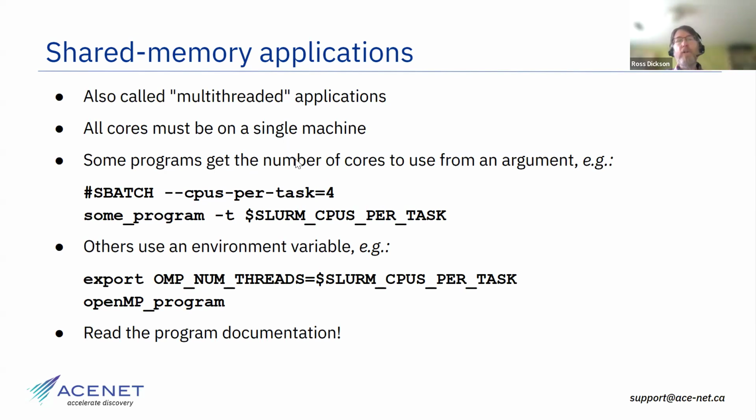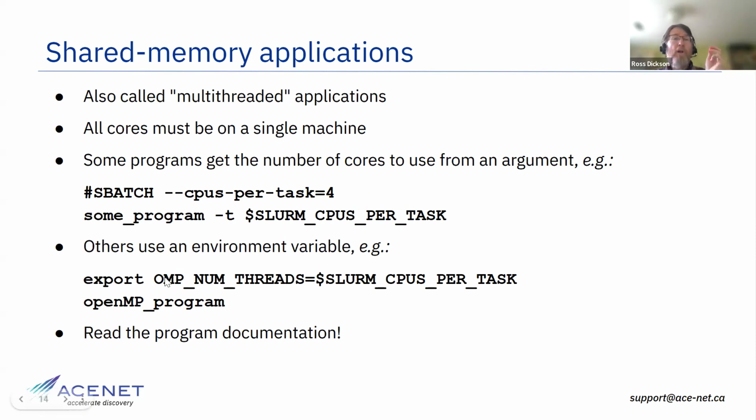Right, some multi-threaded or shared memory programs get the number of cores from an argument on the command line. Some of them put that in an input file, a parameter file somewhere. I haven't got that shown on this slide. Some other programs will use an environment variable. There's a large class of these called OpenMP programs, written with a particular parallel programming library called OpenMP.